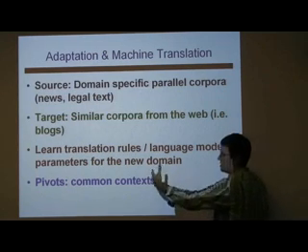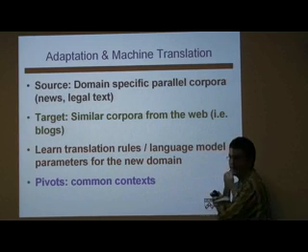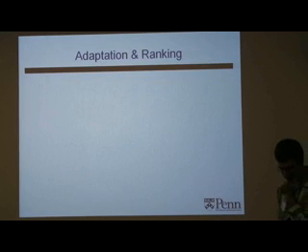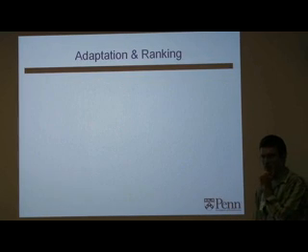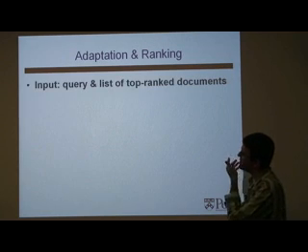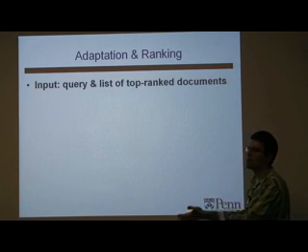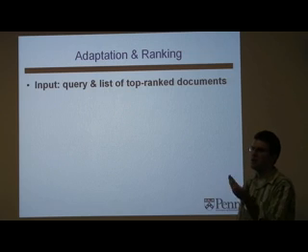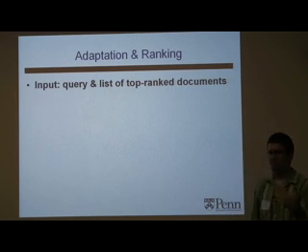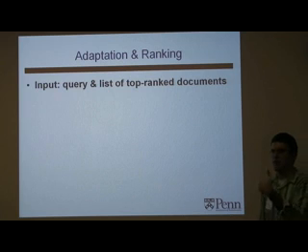Okay, the other obvious problem for this audience is search ranking. So I can kind of envision a scenario where you have a query and a list of top-ranked documents already. What you want to do is re-rank them based on some features of the documents and the query.